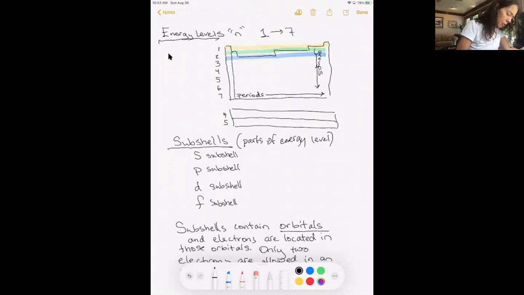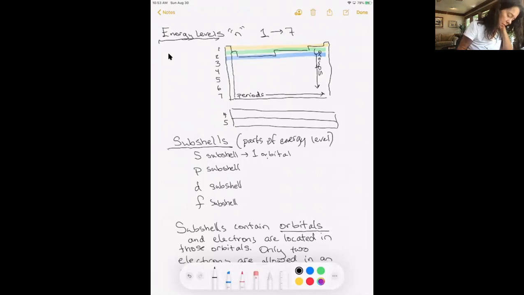Now, if we go back to our periodic table, nope. I'm just thinking. Okay, S subshells contain 1 orbital, right? So if you live in an S subshell on the first energy level, then there's only 1 orbital. So it's like you live on this street, you live in this type of house, and there's only 1 bedroom in it.